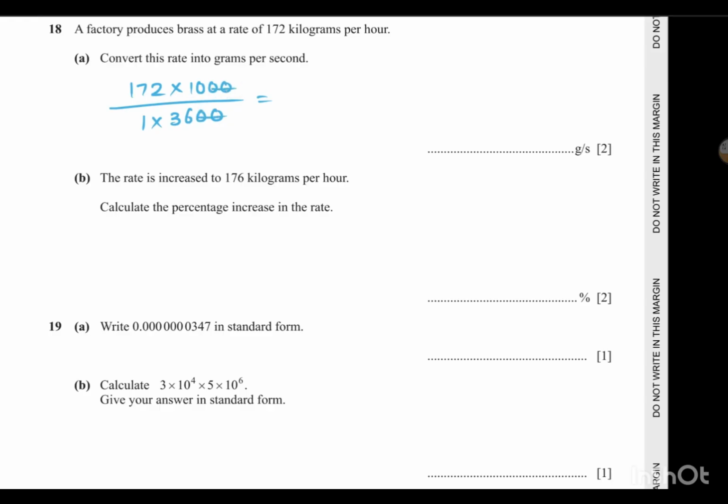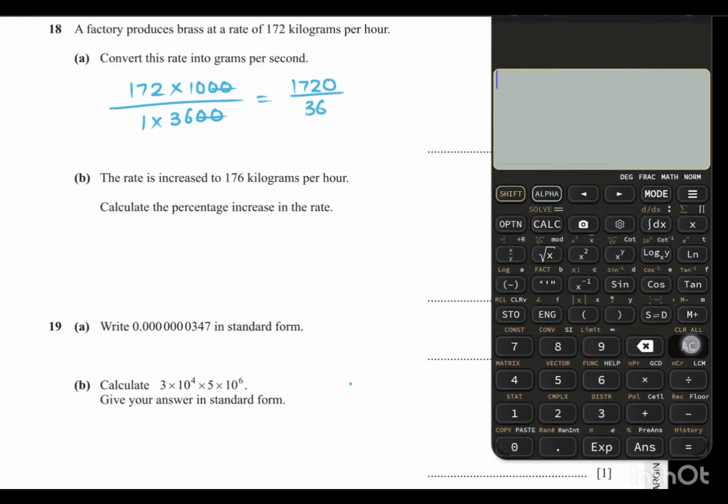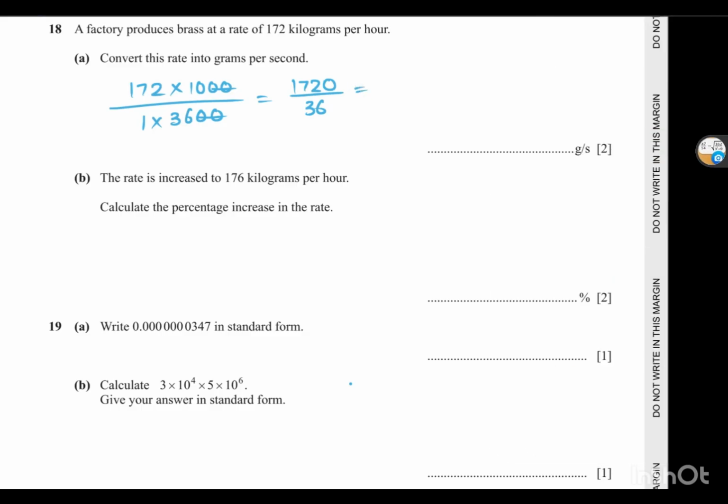Cancel out the zeros, you will have in the numerator 1720 by 36. That is 47.777. So 47.78 if I round it, in grams per second. So this is the rate in grams per second.